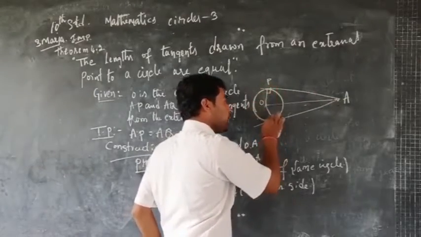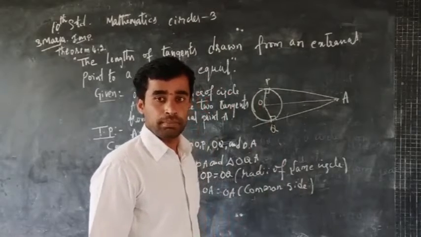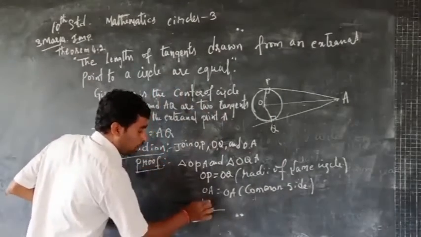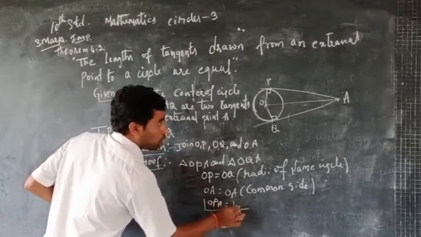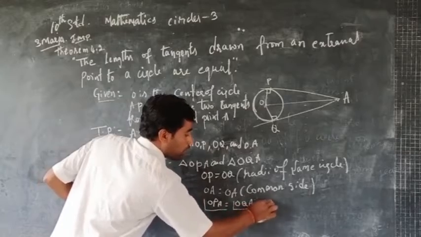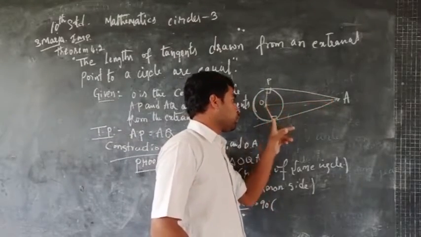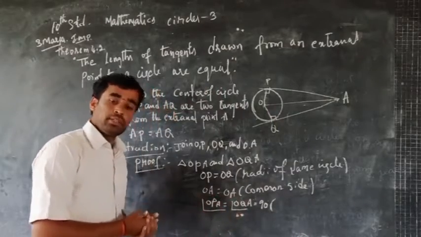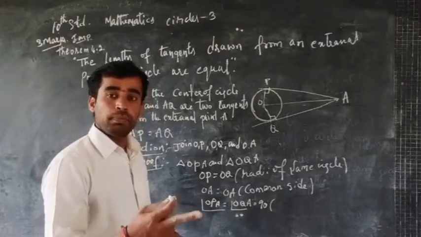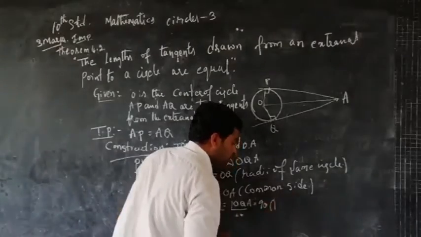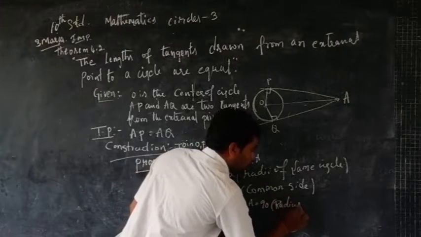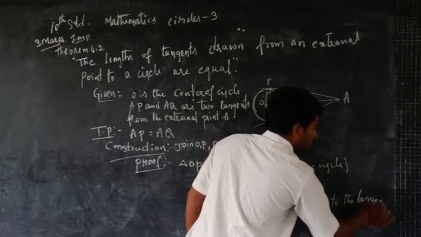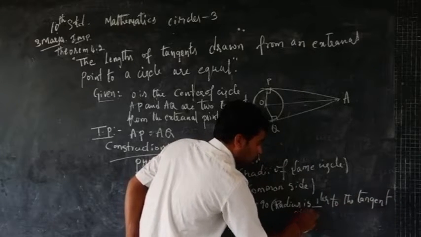So here the angle measures 90 degrees. Therefore, angle OPA is equal to angle OQA, and they are equal to 90 degrees. Therefore we can conclude that the 2 angles are equal. We can write: by theorem 4.1, the radius is perpendicular to the tangent at the point of contact.